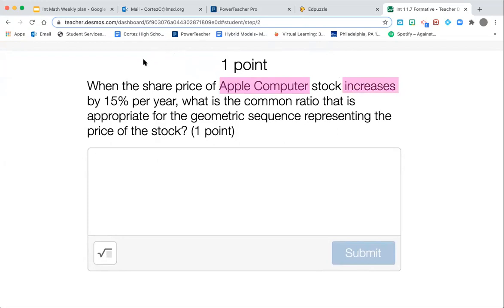So ideally, we want our money to go up, above and beyond. If it doesn't, that means that we did something wrong. So we want our stock to increase, and in this case, it is increasing by 15% per year. What's the common ratio that is appropriate for the geometric sequence representing the price of the stock?